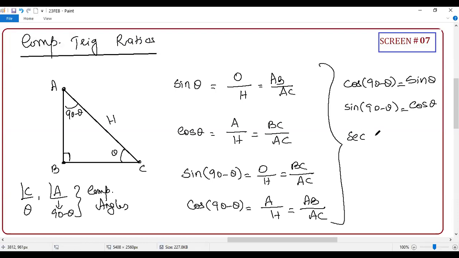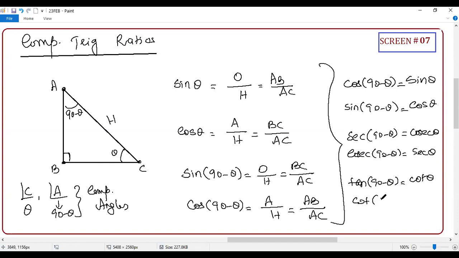Even sec 90 minus theta is cosec theta, cosec 90 minus theta is sec theta. Same way, tan 90 minus theta is cot theta, cot 90 minus theta is tan theta. We just proved only sine and cos, but if you apply the same formula, the result will be satisfied for these as well.